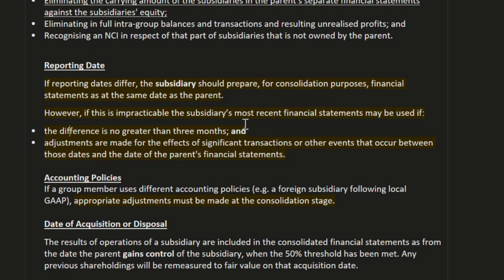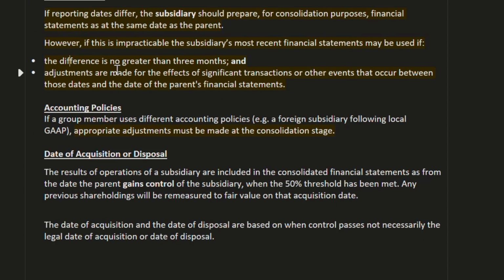So they are saying, if it is impracticable, for example, it cannot be possible for the parent and subsidiary to prepare financial statements on the same date, then the most recent financial statements of the subsidiary will be used.